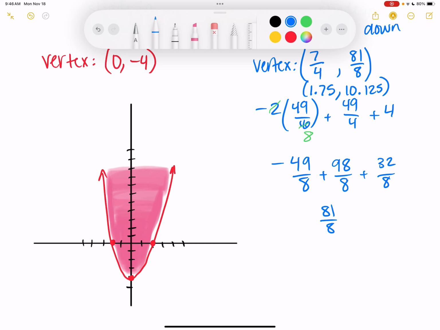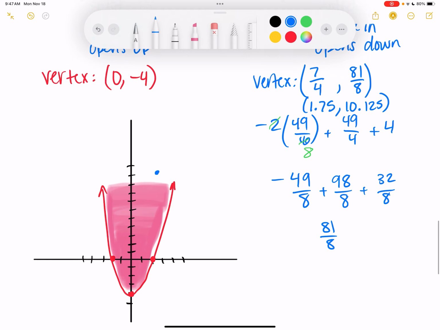Alright, the other one. I've got a vertex at 1.75 and 10.125. So we could make it x is 0, and y is 4.